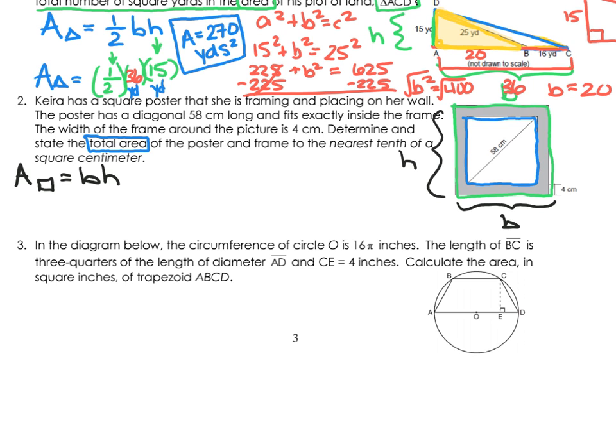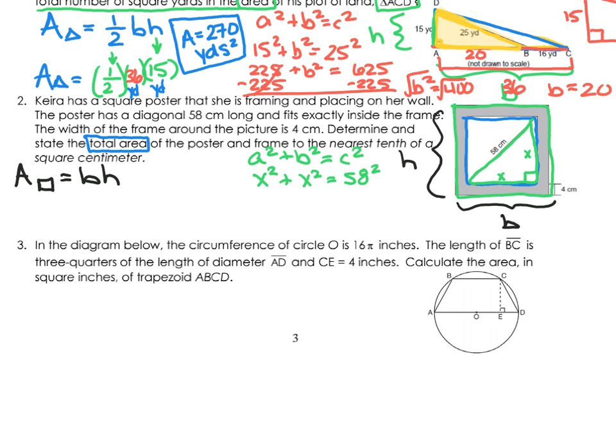Well, I guess what we're going to have to realize is that we got a nice right triangle in here with a diagonal of 58, but we don't know these two dimensions, but we do know that they're the same. So if we call them both x, we can go ahead and use our Pythagorean theorem and say that x squared plus x squared equals 58 squared, since 58 is our hypotenuse.